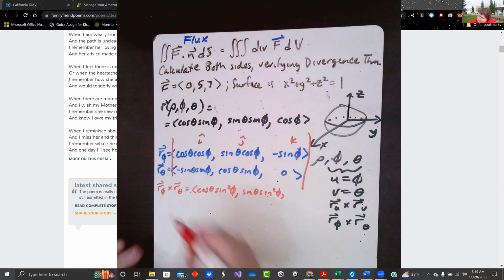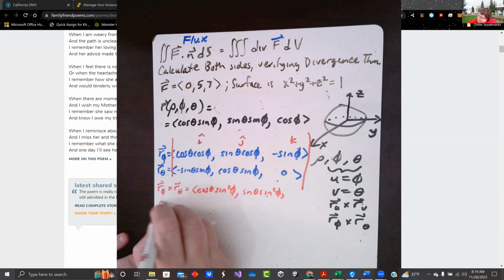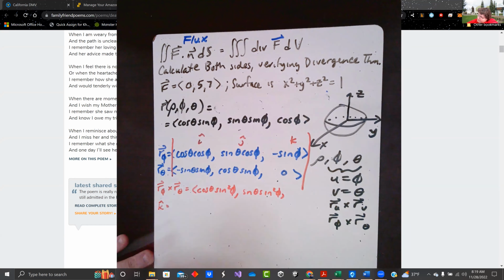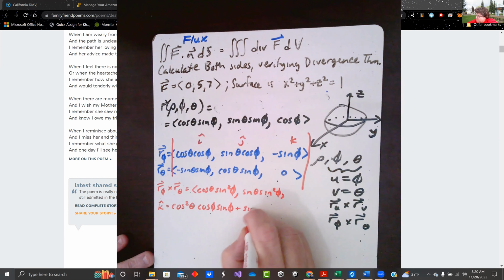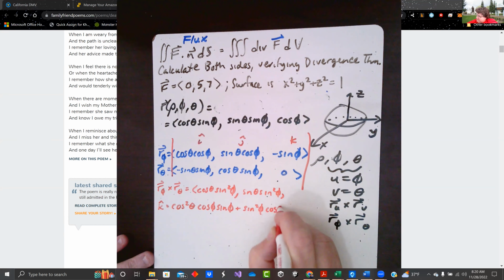And what is the k component? K component is going to be a little more work. So we've got cosine squared theta cosine phi sine phi plus sine squared theta cosine phi sine phi.